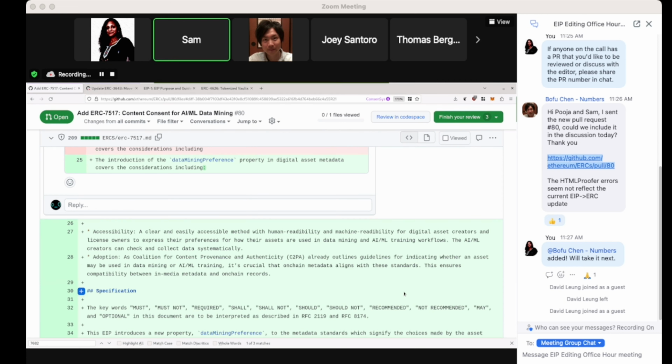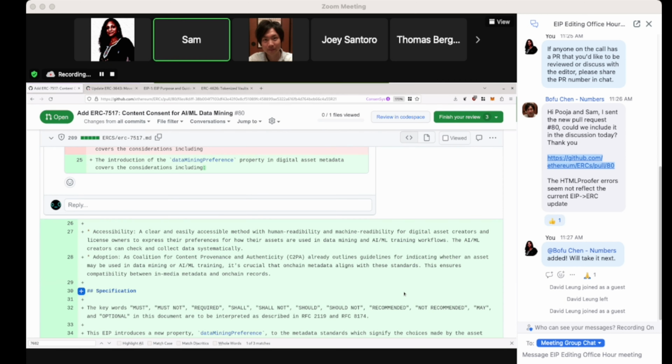This EIP introduces a new property, data mining preference, to the metadata standards, which signifies the choices made by the asset creators or license owners regarding the suitability of their assets for inclusion in data mining or AI/ML training workflows. Some objects include one or more specific conditions. Okay, that's all good. Each category is defined as a set of permissions that can take one of these values.